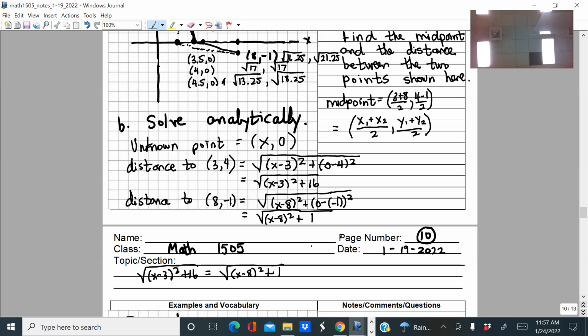So I set those two distances equal to each other. That's very convenient because when I set those two distances equal to each other, I get an equation, and that equation has an unknown in it, but I can solve the equation, right? So, well, hopefully, right? Okay, I can solve the equation for x, right? So when I solve the equation, I'll know what that x coordinate is supposed to be.